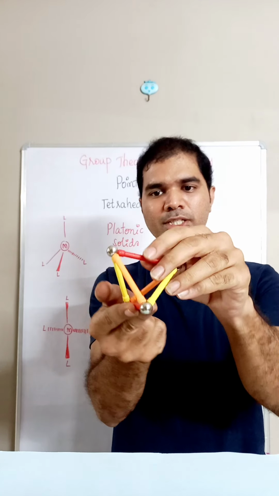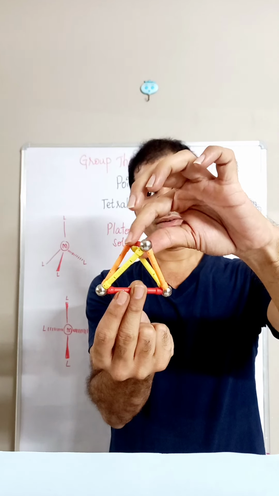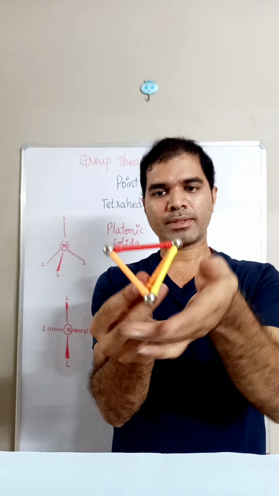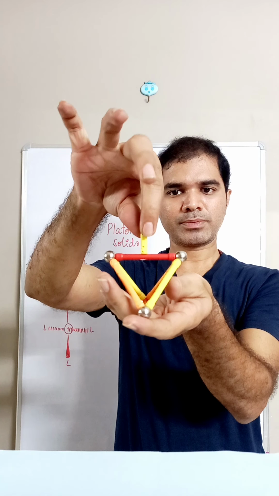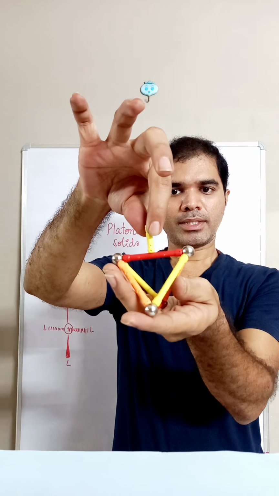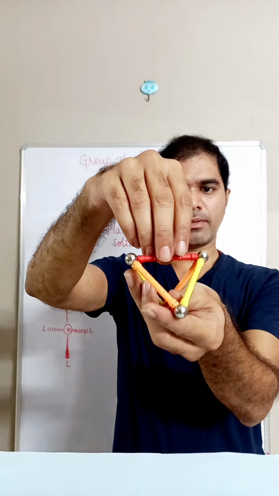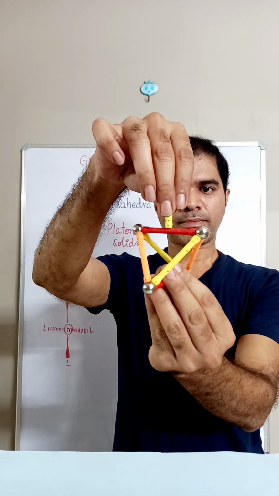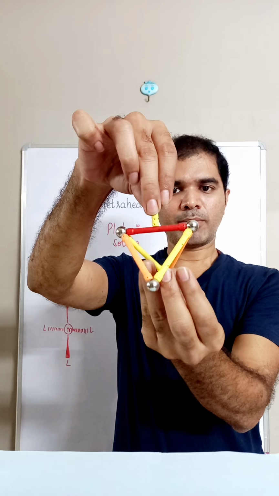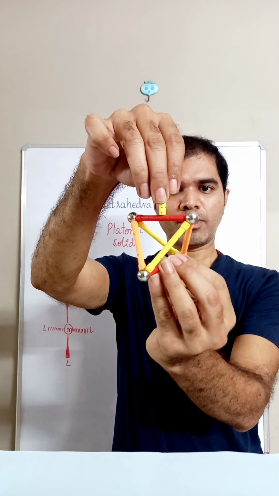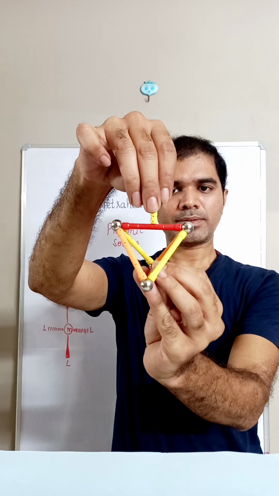I choose one of these pairs, supposing that I am choosing a red pair. From here, I am trying to pass a C2. You can just check. This is a C2. And if I rotate by 180, this is giving an equivalent configuration. I rotate by another 180, that will produce an identical configuration.